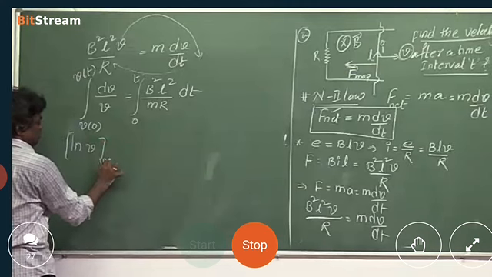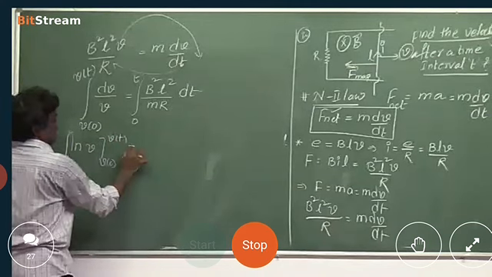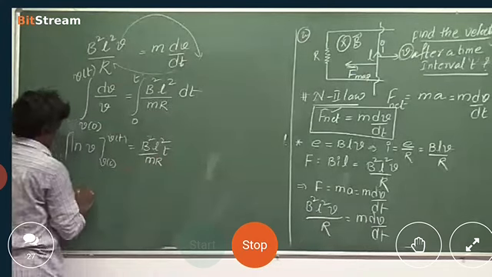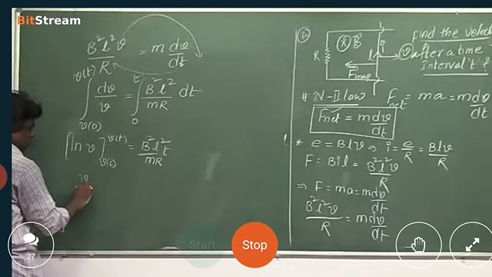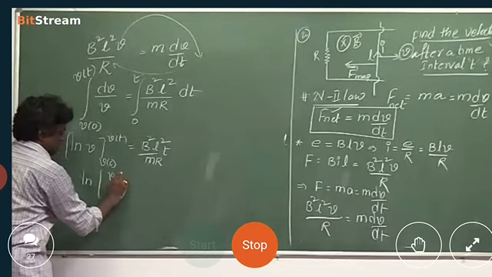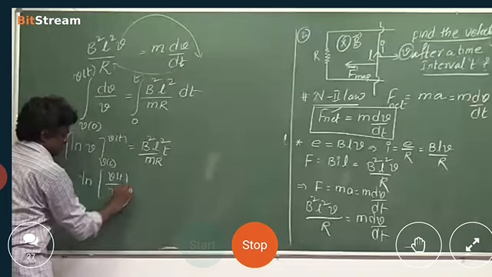Log v from v of 0 to v of t equals B squared L squared t by mR. So finally, I hope you got log of v of t by v of 0.